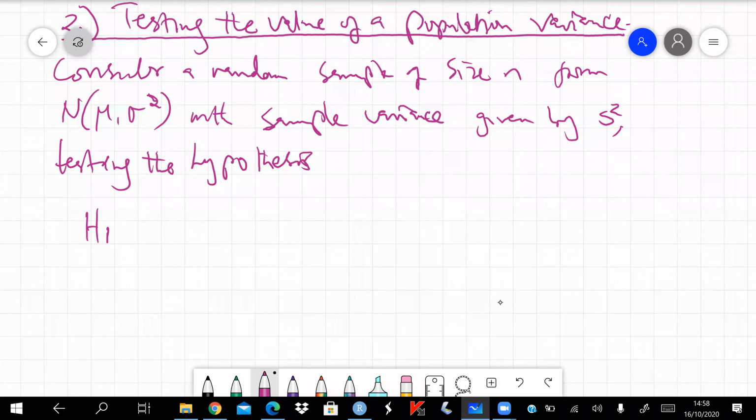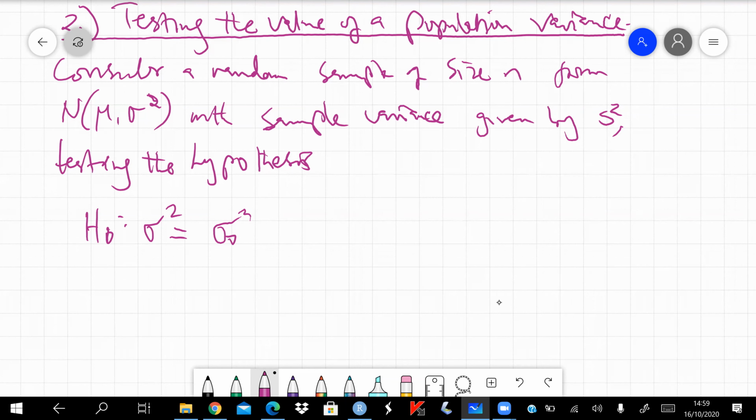So our null hypothesis here is that sigma squared is equal to sigma naught squared, where sigma squared is of course the population variance, and sigma naught squared is the hypothetical population variance, which will always be given.